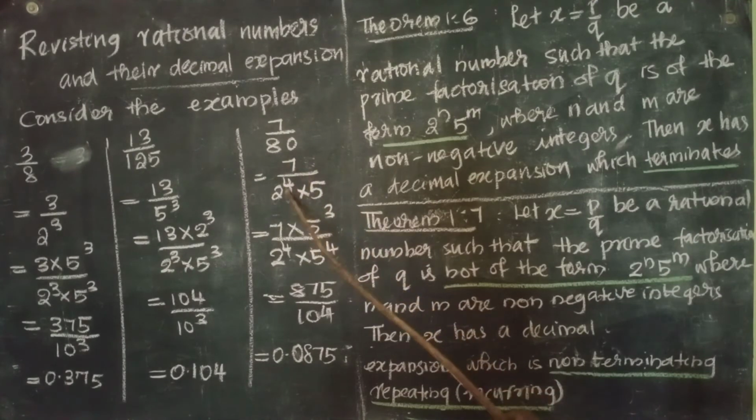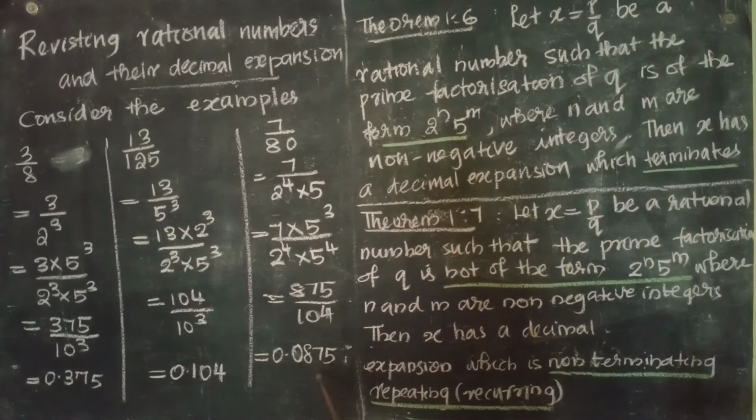7 by 80. That is equal to 7 by 2 raised to 4 into 5. Here 2 raised to 4, 4 2's are there. Only one 5. So you have to multiply both the numerator and denominator with 5 raised to 3. So we get 7 into 5 raised to 3 by 2 raised to 4 into 5 raised to 4. That is equal to 875 by 10 raised to 4. That is equal to 0.0875.